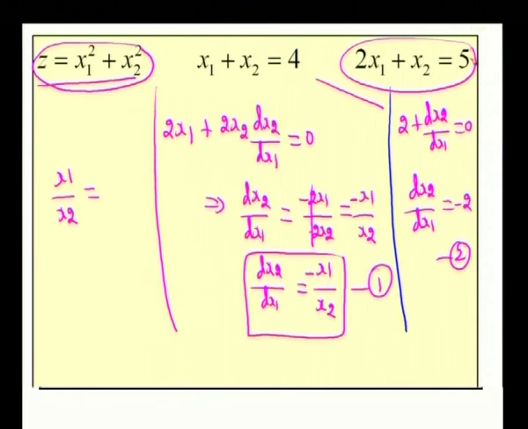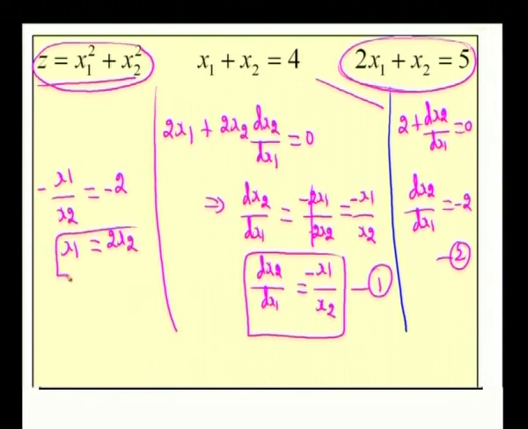Now, the gradient of the line 2x1 plus x2 equal to 5 is obtained by differentiating this equation with respect to x1, which implies 2 plus dx2 by dx1 equal to 0. From this, dx2 by dx1 equal to minus 2. We name it equation 2. Now, by making use of equation 2 in 1, we have minus x1 by x2 equal to minus 2, which gives us x1 equal to 2x2.